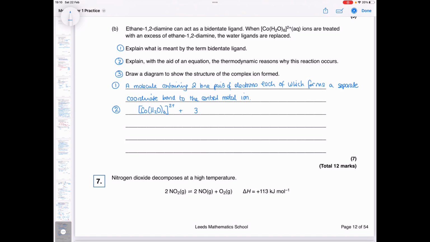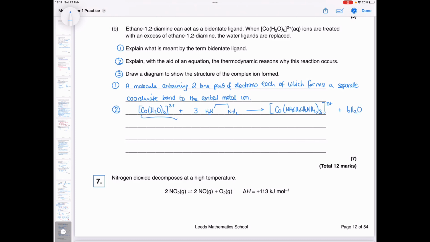So 3 lots of ethane 1,2-diamine, and that's going to form our octahedral complex with 3 bidentate ligands plus liberating 6 water molecules.